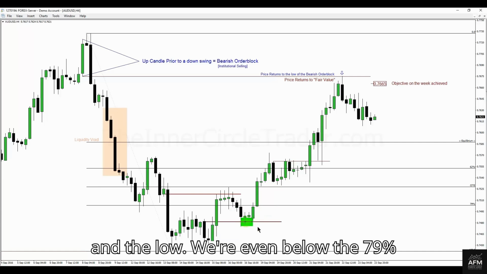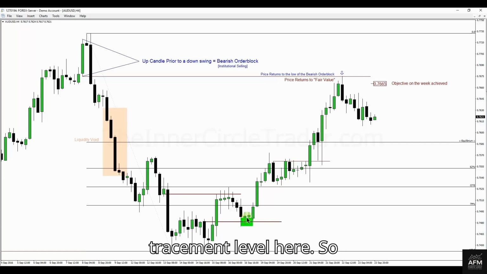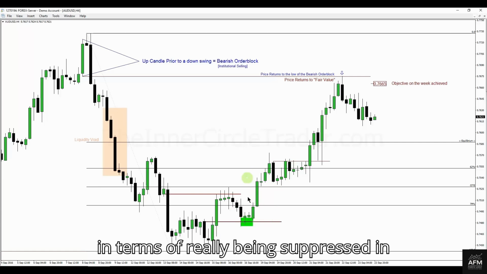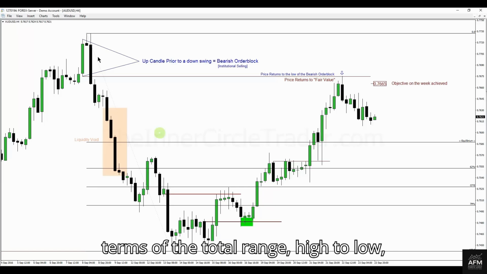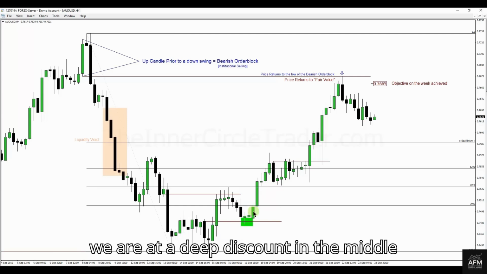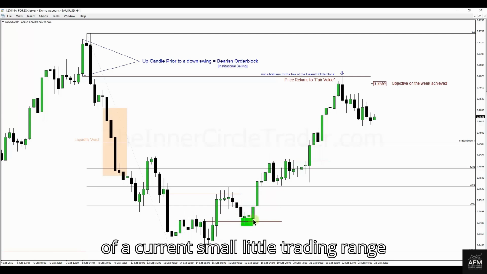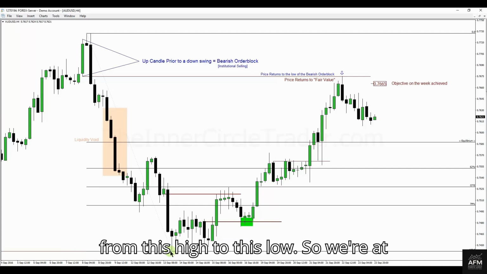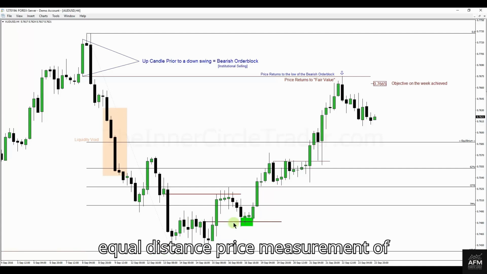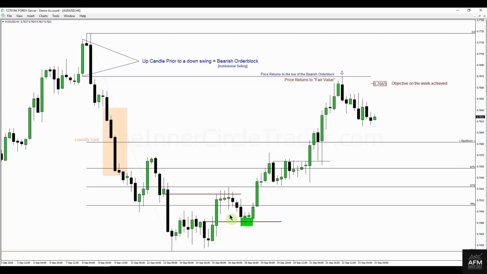We're even below the 79% retracement level here. So in terms of really being suppressed, in terms of the total range, high to low, we are at a deep discount in the middle of a current small little trading range from this high to this low. So we're at equal distance price measurement of high, middle, low.